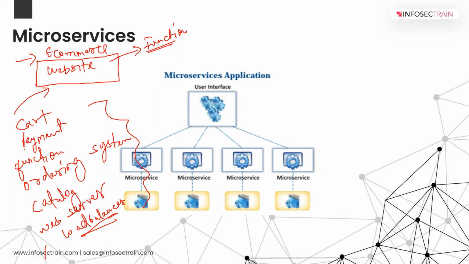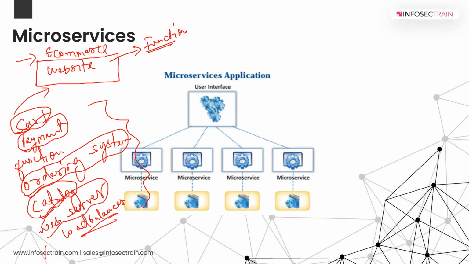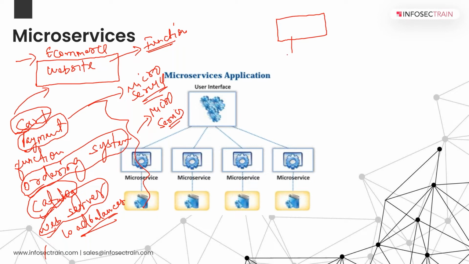So what we will do, I will divide each service into a particular function or a particular section. These sections will be called your microservices. So what I'm doing, this is my single application. This application is having 5 different services.